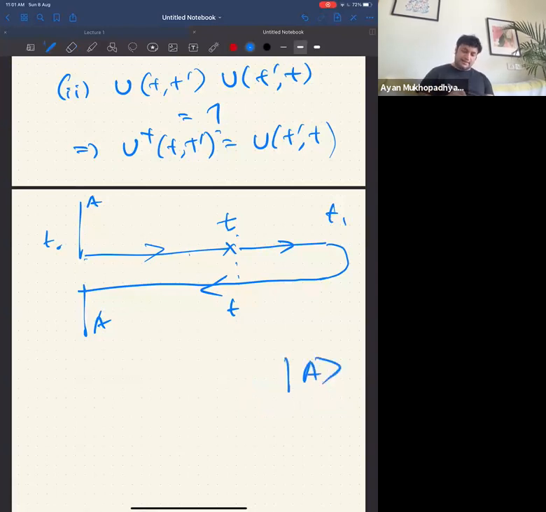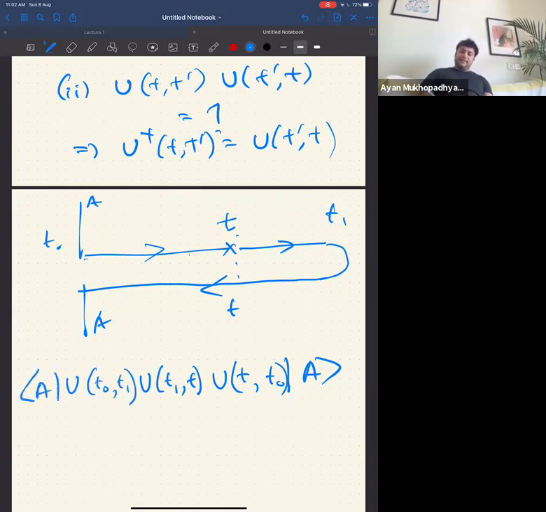This was A. I start from here, then I go from T0 to T, and here crucially I should insert the operator, which I forgot, sorry.